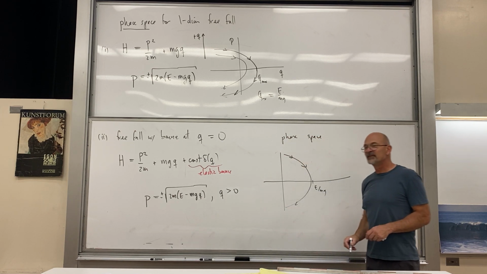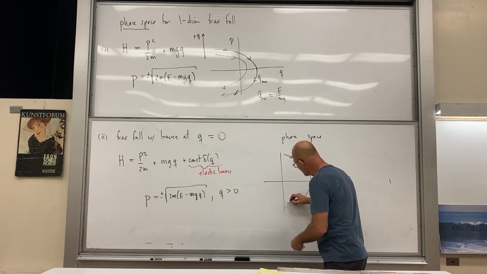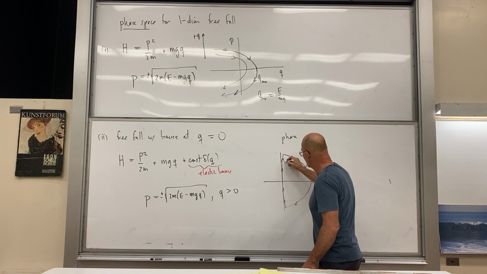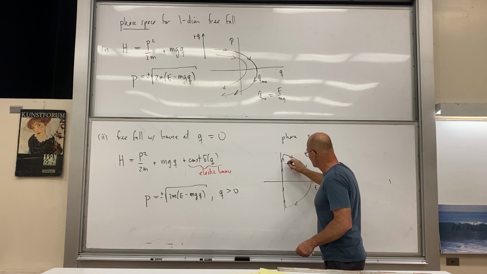But what represents the bounce is that it comes into contact here. There's a really thin elastic layer, and it's going to go back up to here. And for a smaller energy, we would have the same thing.